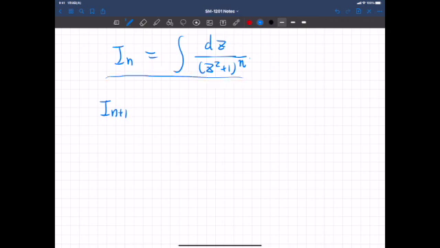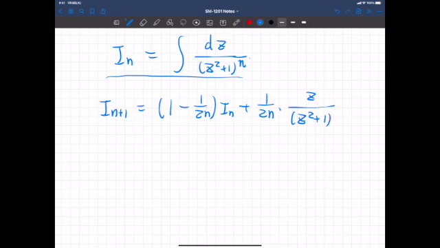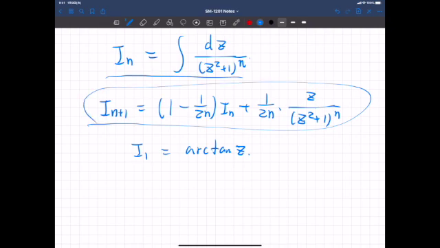So if we define I_n as this, I_(n+1) was (1 minus 1 over 2n) I_n, plus 1 over 2n times, in this case, let's use the variable z, z over (z squared plus 1) to the power of n. So we know I1 was arctangent. Okay. So by using this recurrence equation iteratively, we can determine I2, I3, and so on, one by one, although we cannot find any closed form for this integral. In theory, it's possible to calculate it.